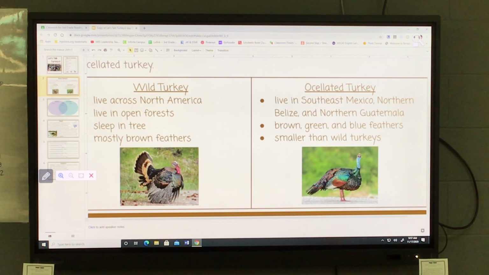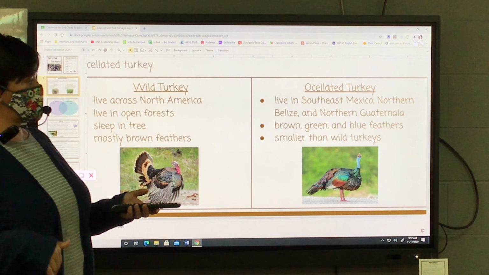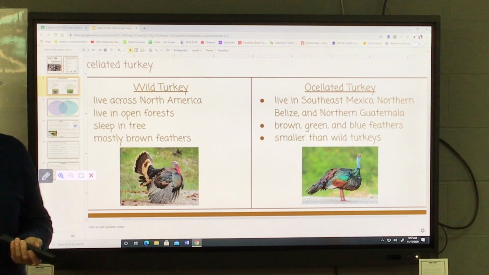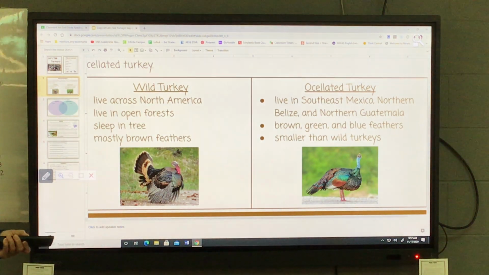How's everybody doing getting those typed up? Are you getting close? Okay, it says that the ocellated turkeys live in southeast Mexico, northern Belize, and northern Guatemala. I'm going to change the screen for just a minute to show you where that's at.